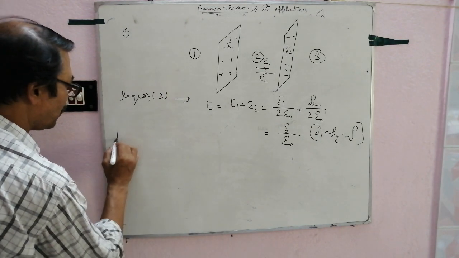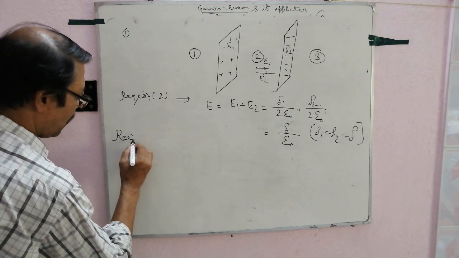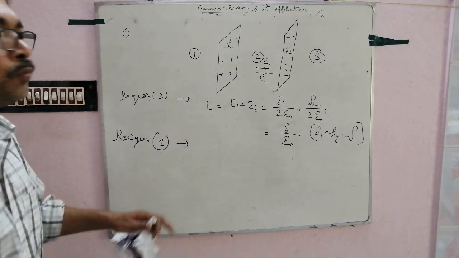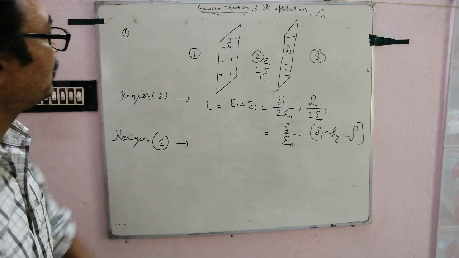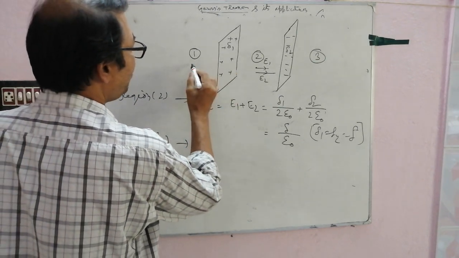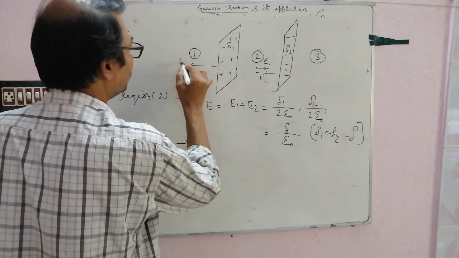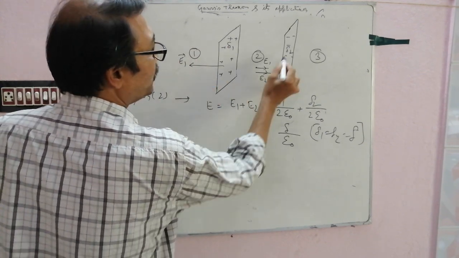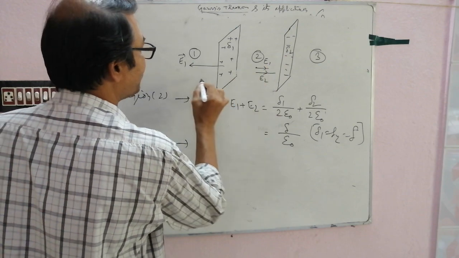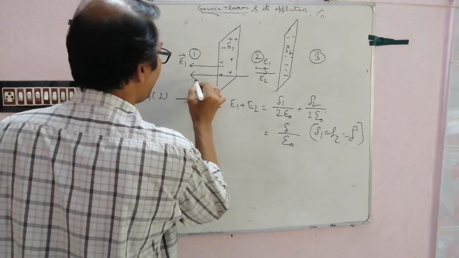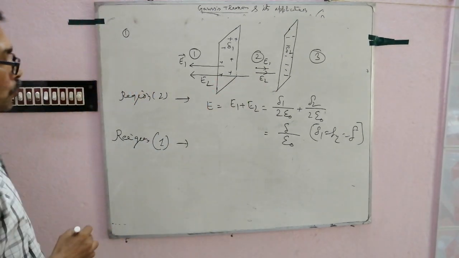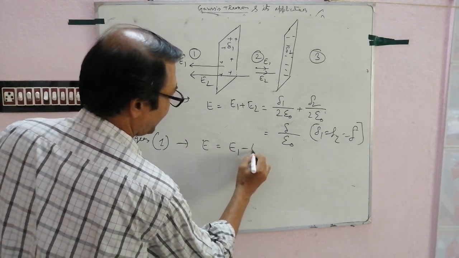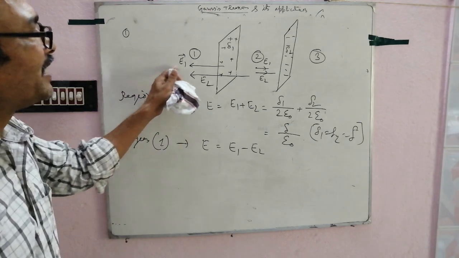In region 1, what will happen? Follow. In region 1, the field due to the positive sheet will be in this direction, E1, but the field due to the negative sheet will be in this direction. So the total E equals E1 minus E2, because E1 is greater than E2.